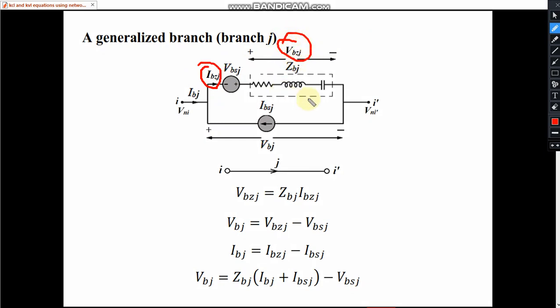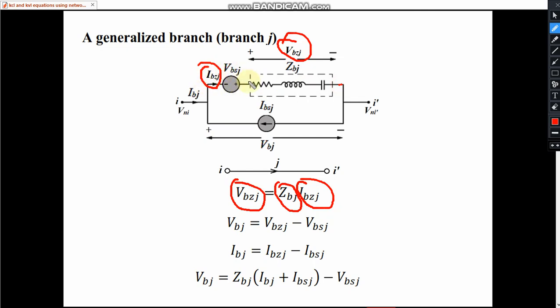So if we talk about this impedance in this jth branch, the voltage-current relationship for this impedance will be: voltage across the impedance will be current through the impedance multiplied by the impedance of the jth branch. But if we talk about this voltage VBJ, this voltage is nothing but the total drop from here to here, and this total drop is nothing but the total drop from here to here, from here to here.